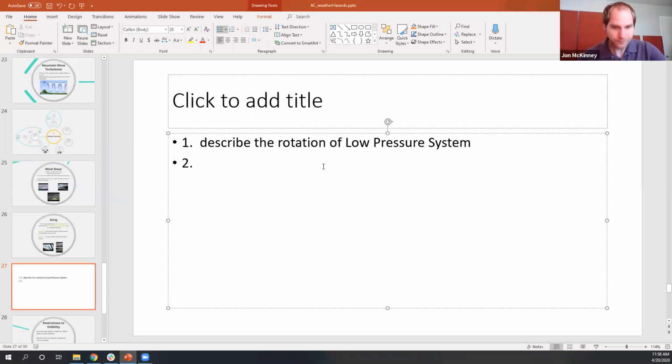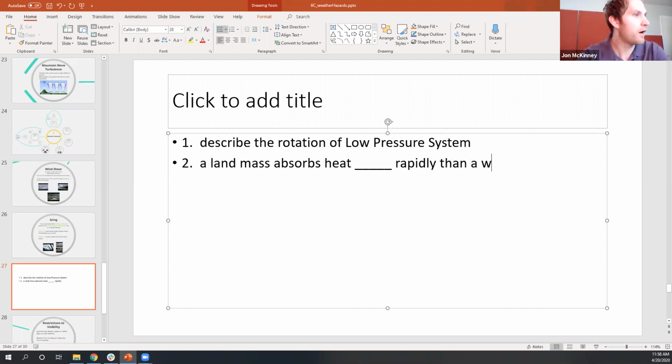Question 2. We're going to say a land mass absorbs heat, and then you could say blank rapidly than a water mass.